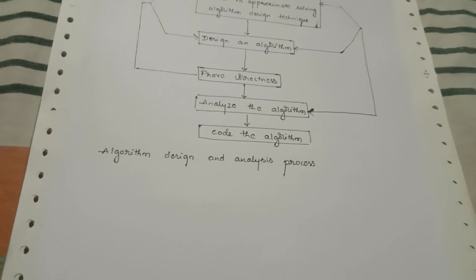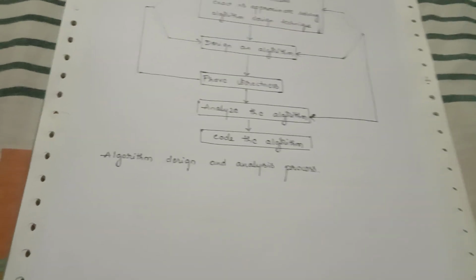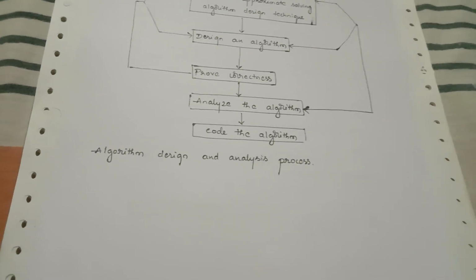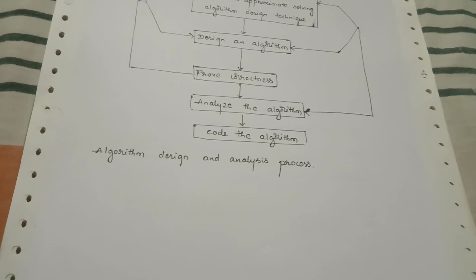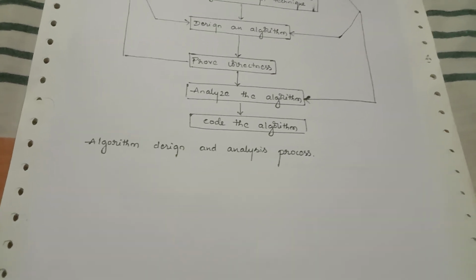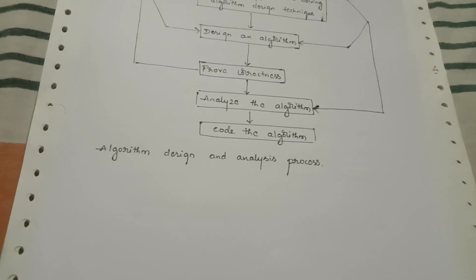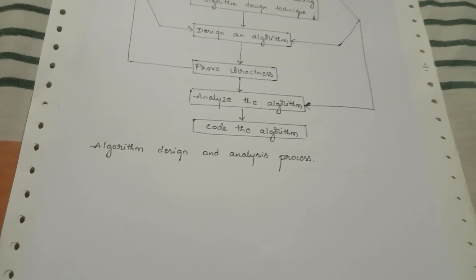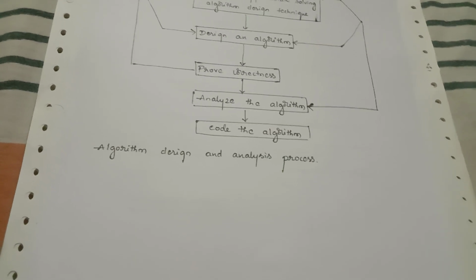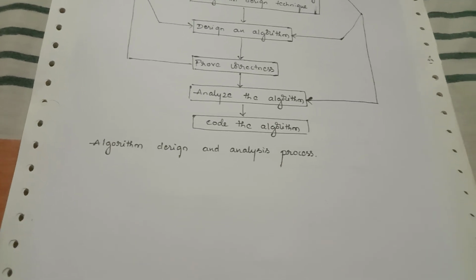After writing an algorithm and proving its correctness, the next step is to analyze it, because there are many algorithms available for a single problem, as we already know very well. So we analyze an algorithm to show that it is the best among the available ones.